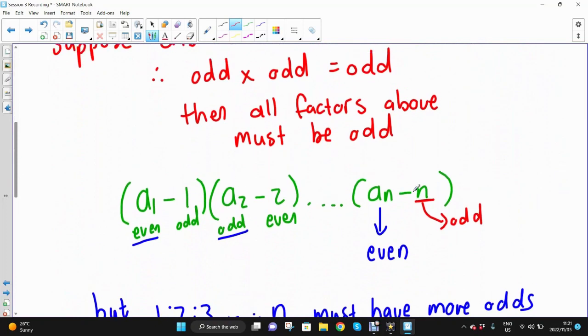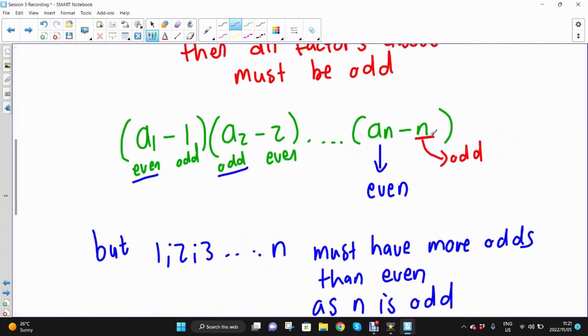So going down to the statement again, this n that we have here, they are telling us that this is an odd number. So that means that this An number at the back must be an even, so that if I subtract these two, I still get an odd number.